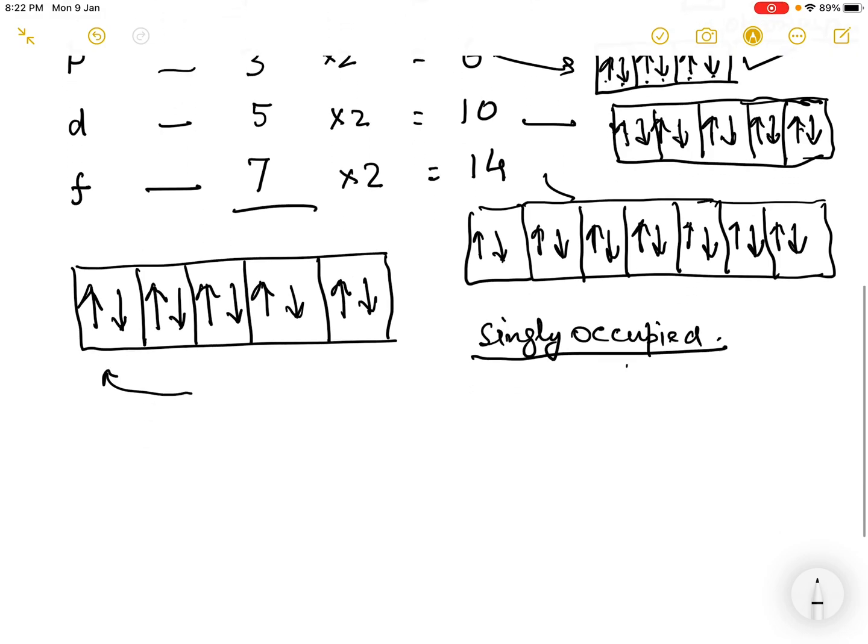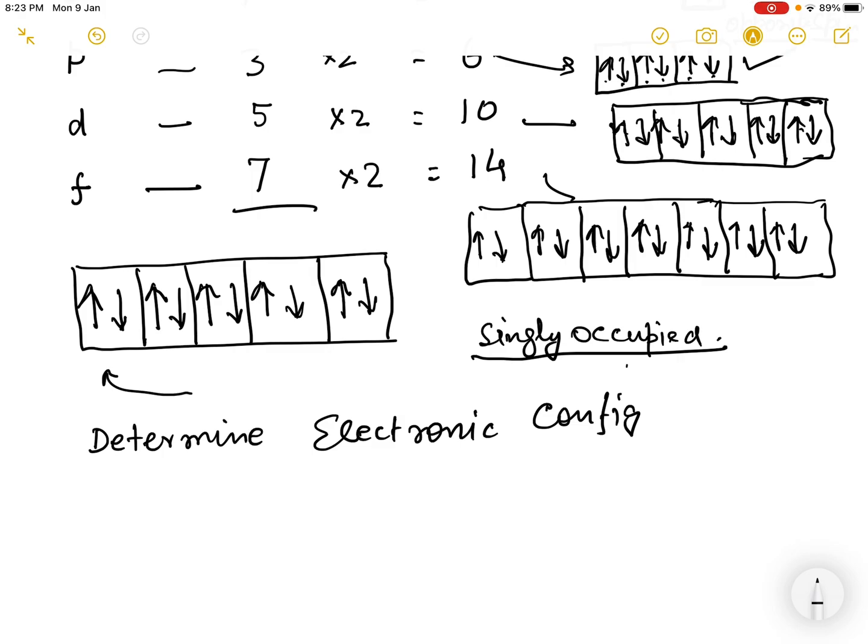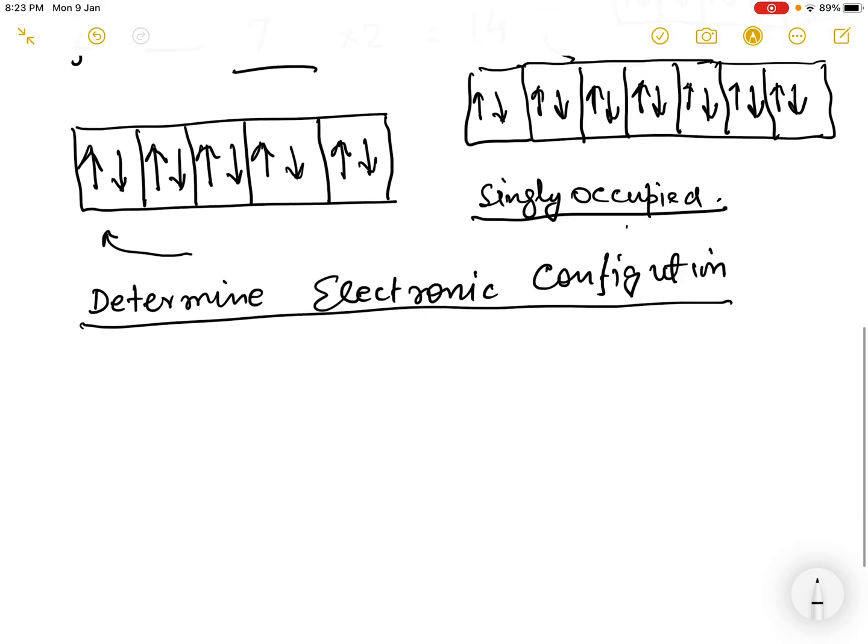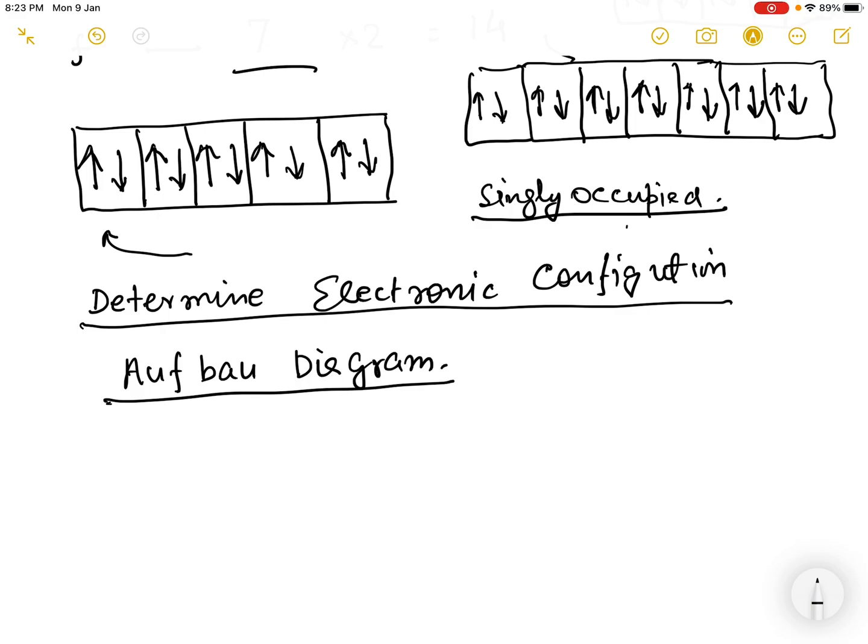Now we come to how we determine electronic configuration. So there is one Aufbau diagram, which shows how the subshells are divided in energy wise distribution.